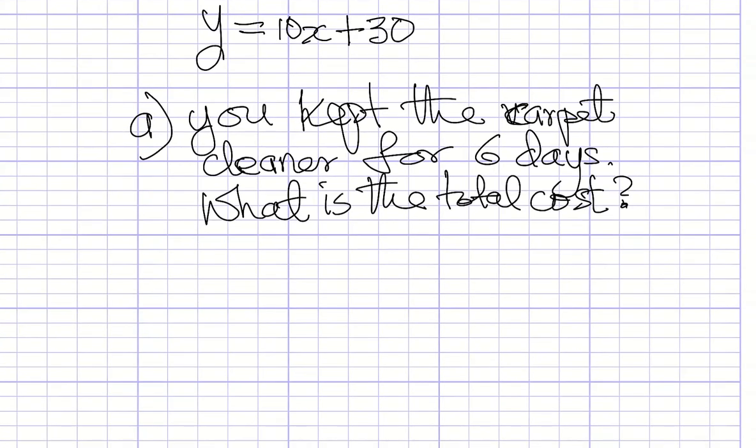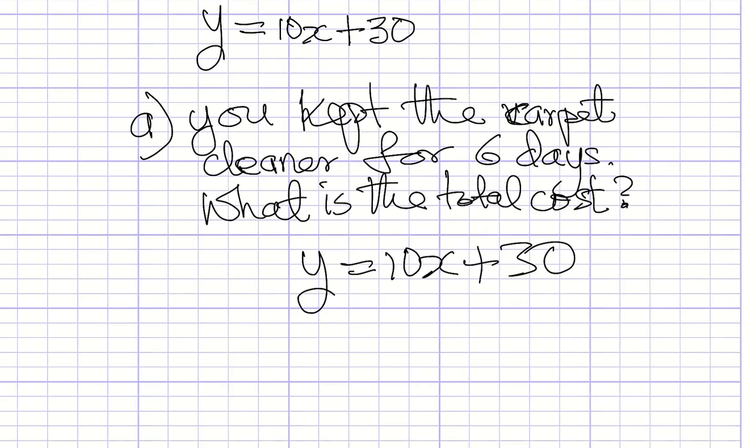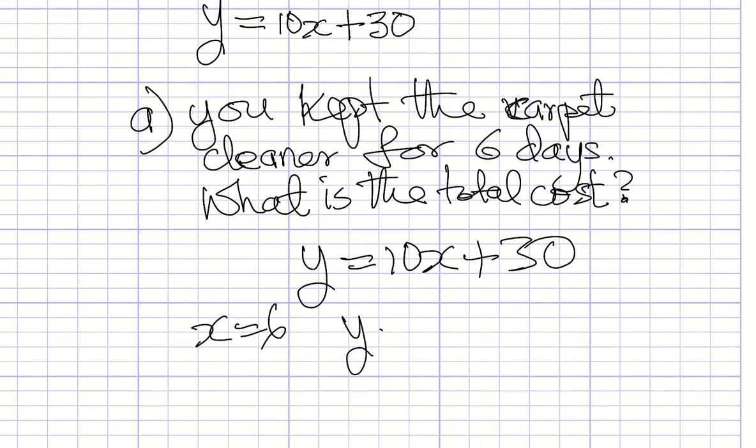Okay, so how you solve that is, you see this is the total cost here, 10x plus 30, okay? And then here you're saying x is equal to 6 days. x equals 6, then you evaluate that equation. You say y is equal to 10 times 6 plus 30, right?